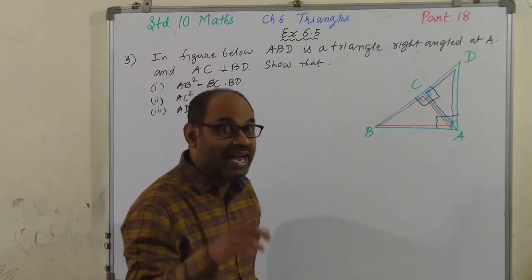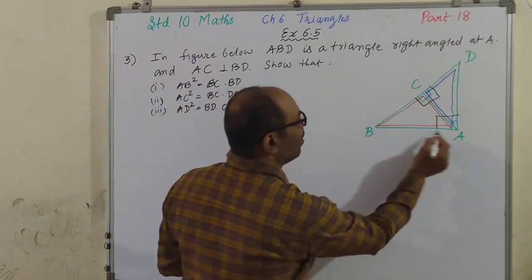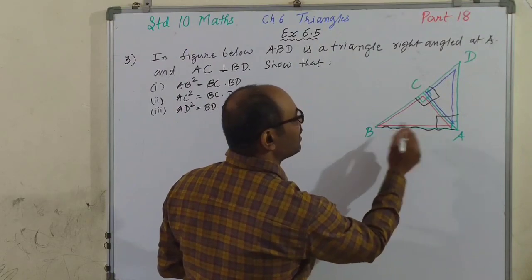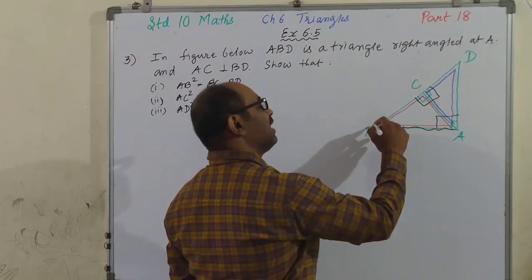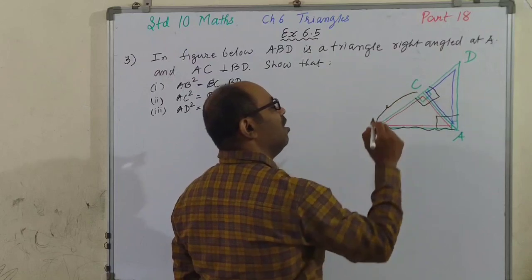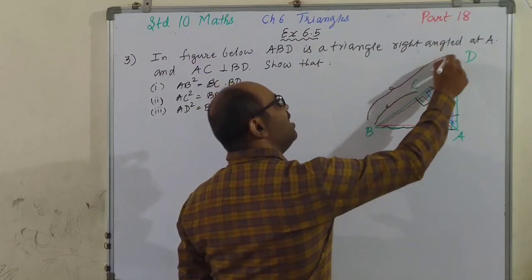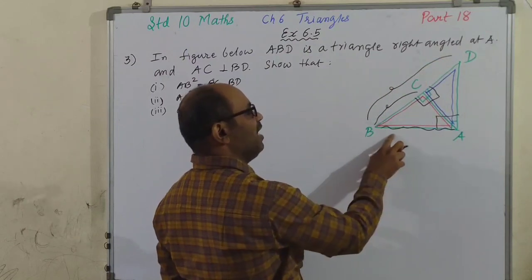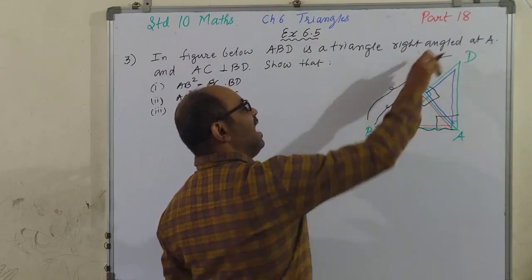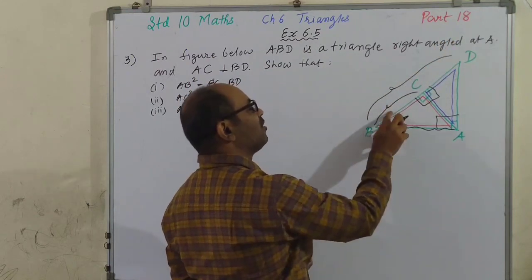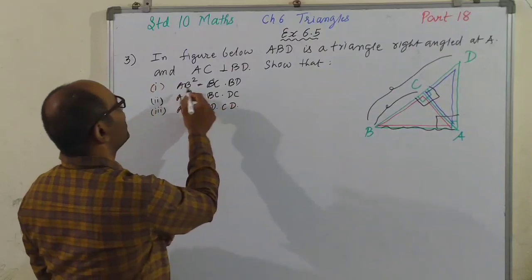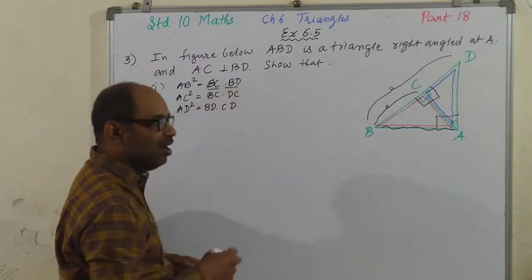AB is one of the sides forming the right angle. The adjacent segment with it is BC, and then the hypotenuse. So AB is the geometric mean of BC and BD. So AB square is equal to BC into BD.